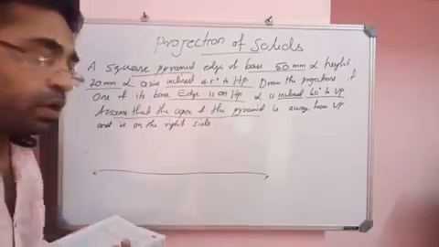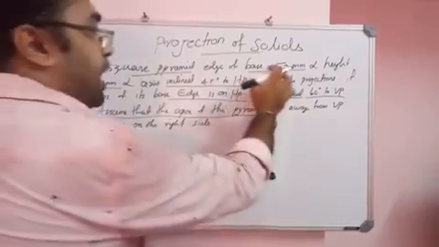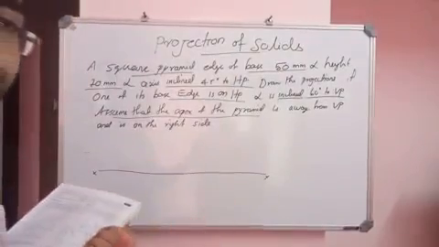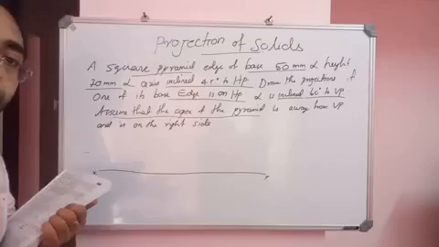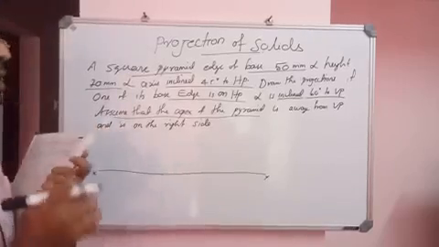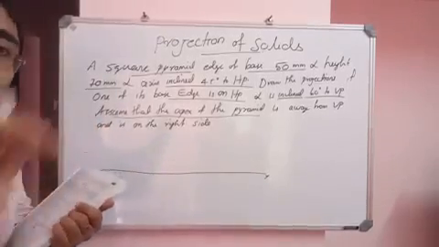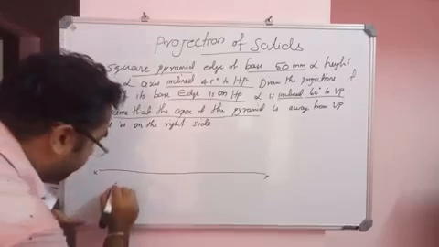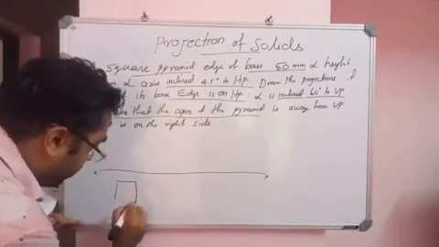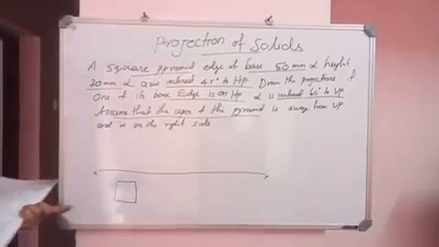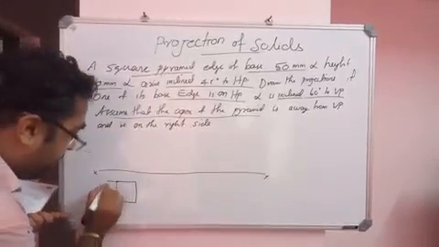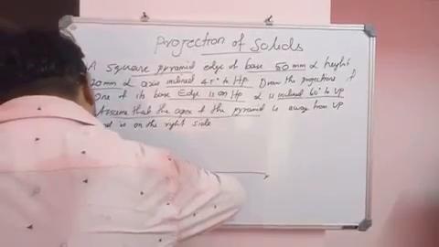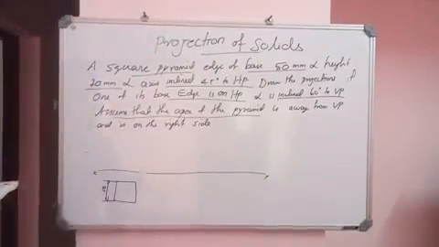As you know, the base is on the HP. Here it is given that 50 mm is the base. So there will be a square pyramid, which means the base is a square and it has a pyramid structure. All the edges of the base are 50 mm. You can draw it like this, each side 50 mm, and dimension it.